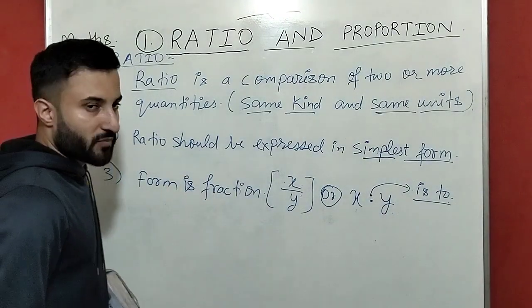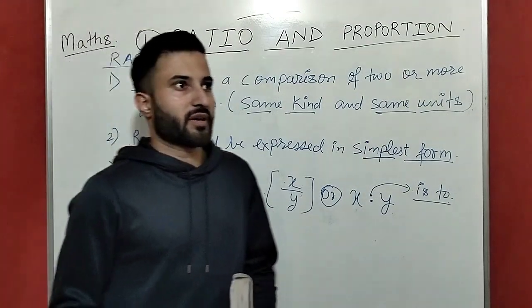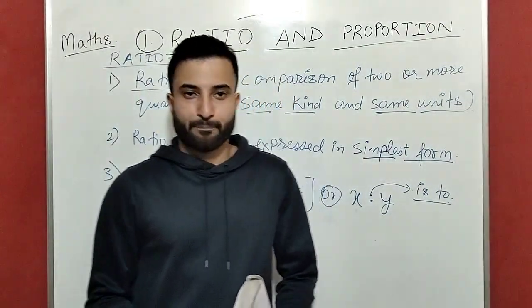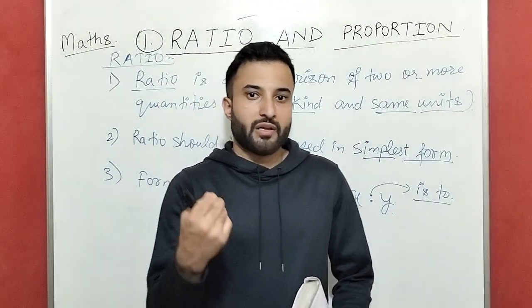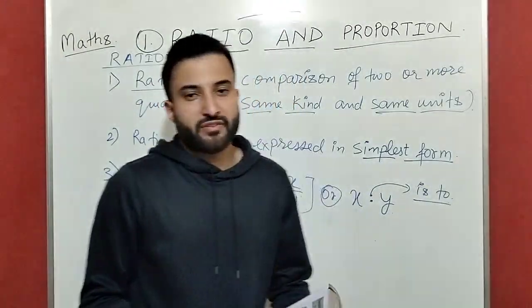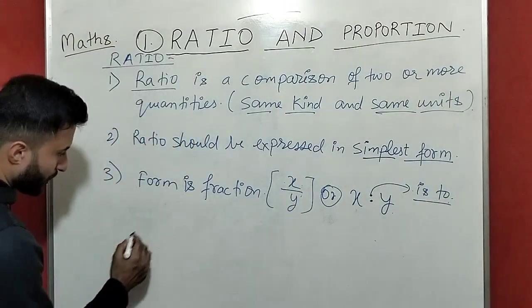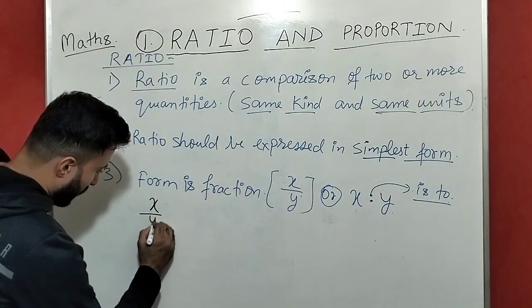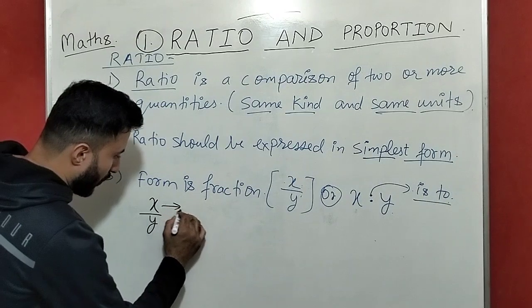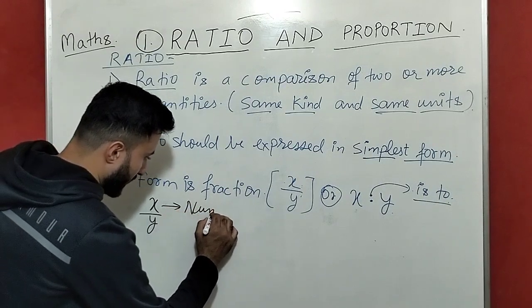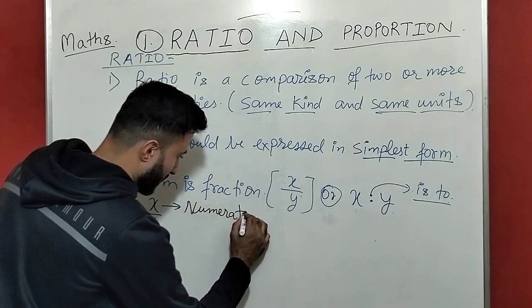Like we know previously, from class 6, 7, 8, we have studied that if it is in the form of x by y, x we call the numerator. I hope everyone has remembered this.